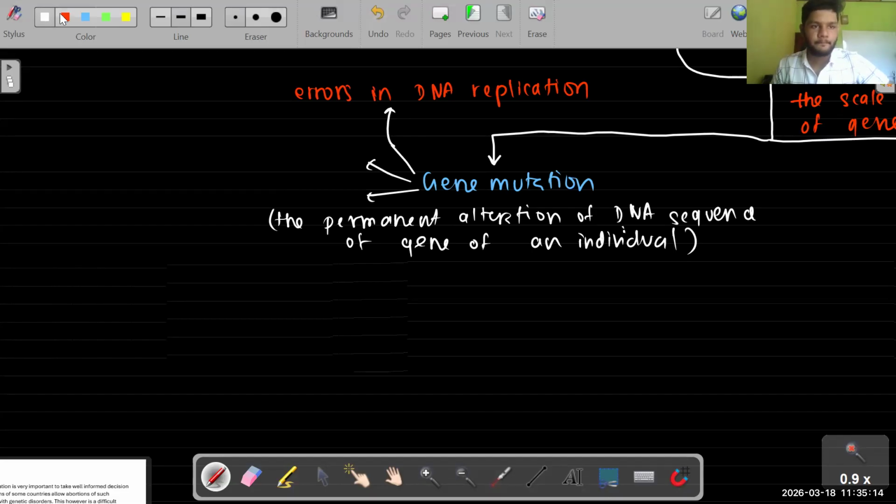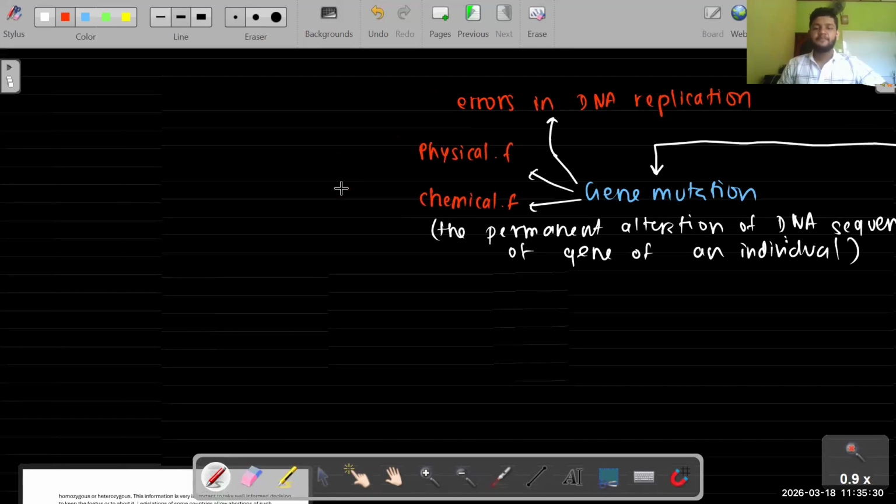Second one is physical factors. Third one is chemical factors. If gene mutations are caused due to errors in DNA replication, what are they called?